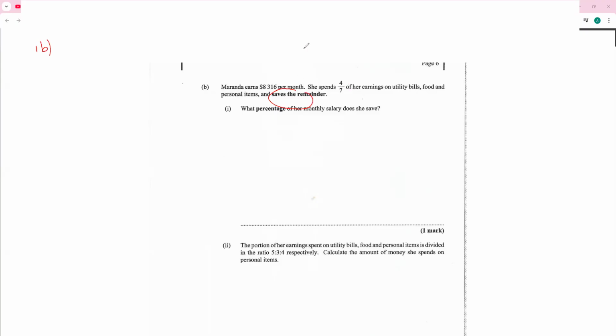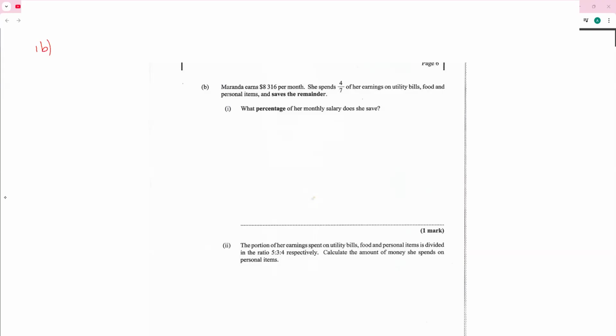It says, what percentage of her monthly salary does she save? All right. So first things first, in a question like this, just pull out your important facts first, right? So you want to focus on the important facts.